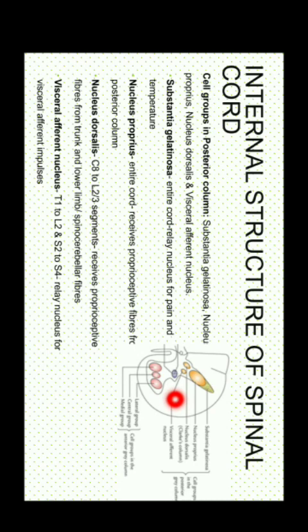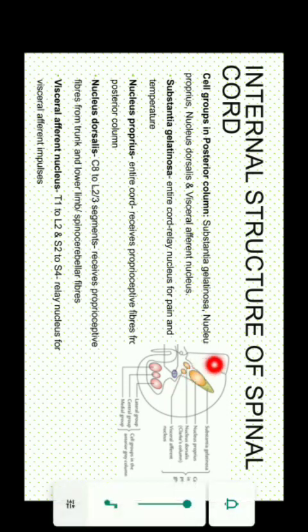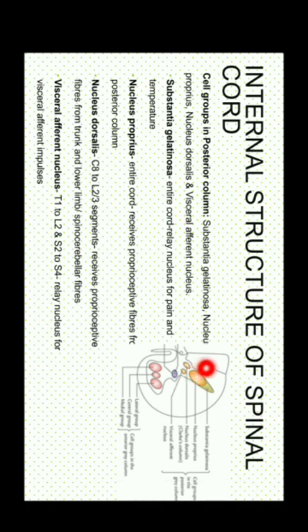The nucleus proprius is present throughout the cord and it receives proprioceptive fibers from the posterior column. So this is the posterior column. What is proprioception? You know the exteroceptions, the other sensations you know, are pain, temperature, touch.